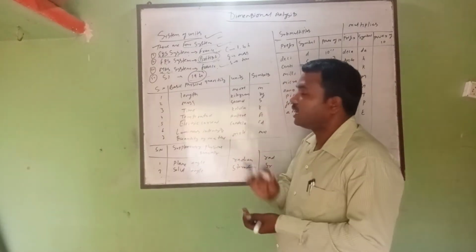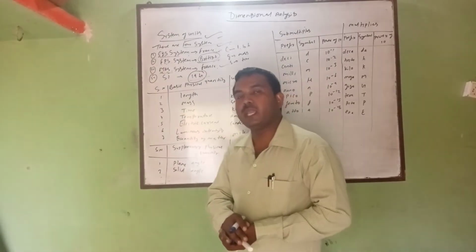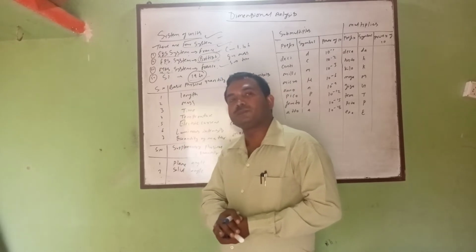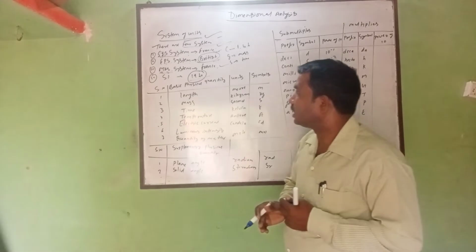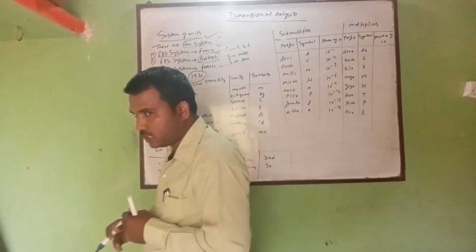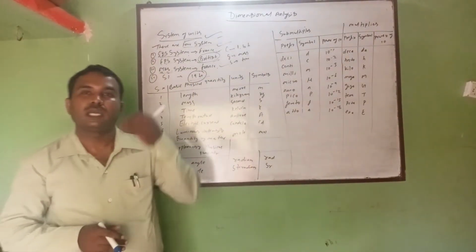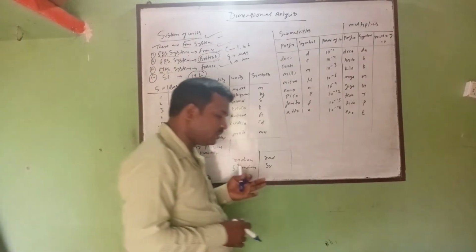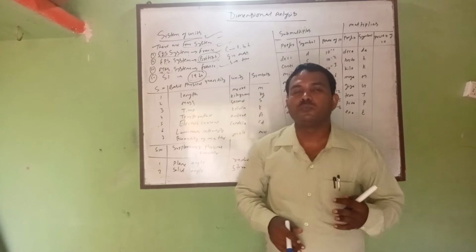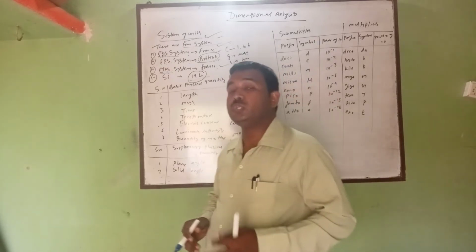At that time the quantities were categorized into two: one is the basic and another is the supplementary. In the basic there are 7 units, while in the supplementary there are 2 units.